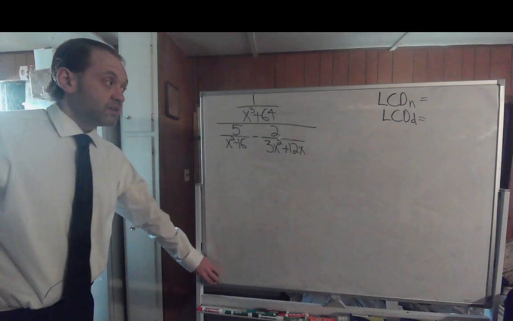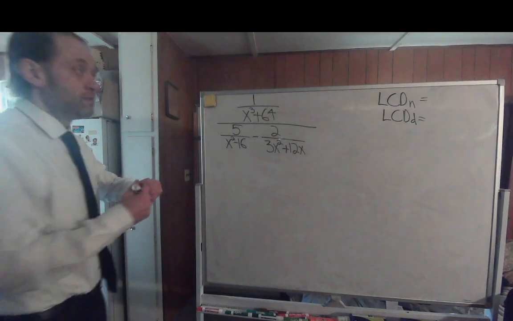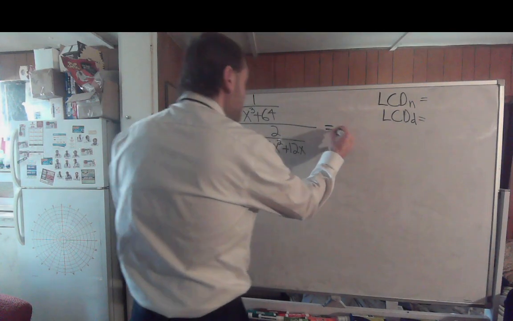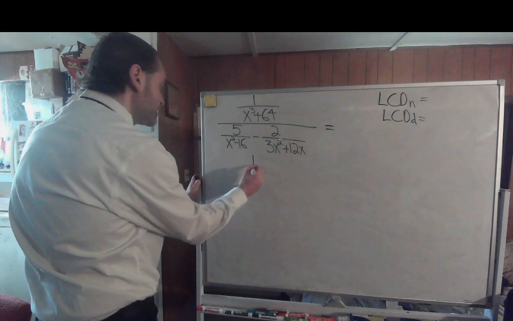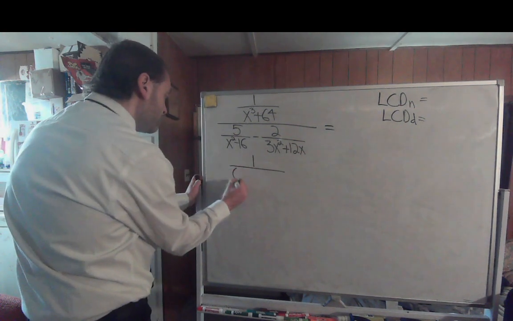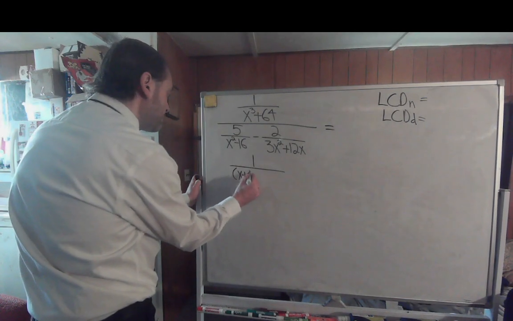Well, I'm definitely going to say we start by factoring. That's a given. So the numerator, we have a sum of 2 cubes, so that's going to factor into 1 over x plus 4.